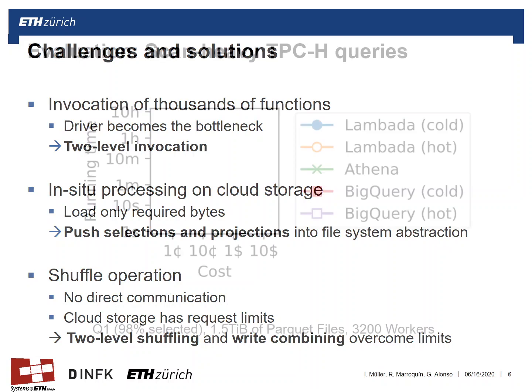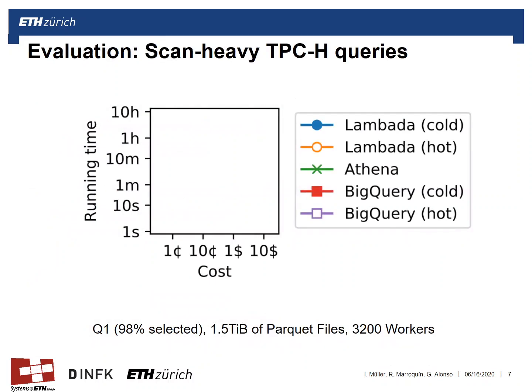Let me show you some evaluation on TPCH queries, scale factor 10,000, and compare them with other serverless solutions, namely the two query as a service systems, Athena and BigQuery. If we look at BigQuery, we first notice that it cannot process the data in situ, but needs to load it first, and that takes quite some amount of time, almost 1 hour.